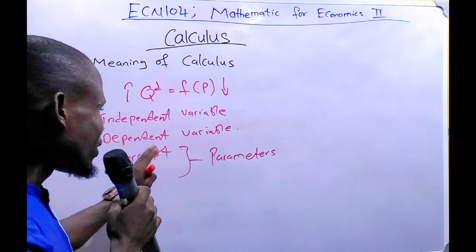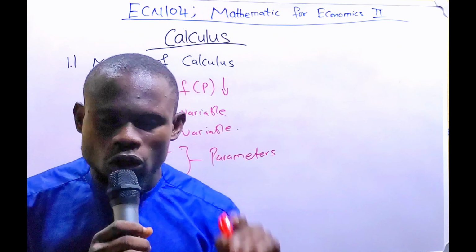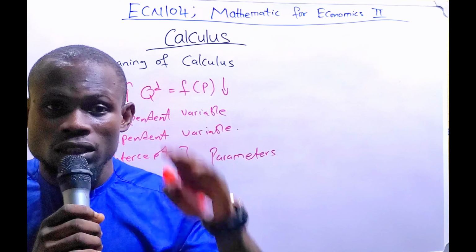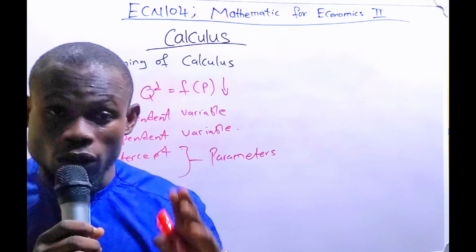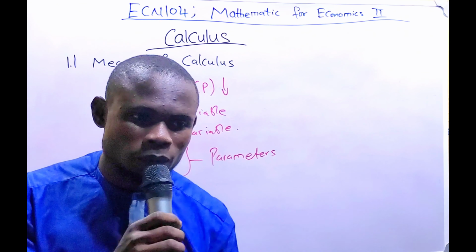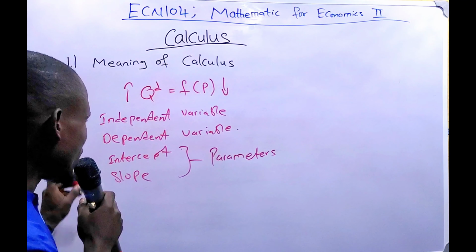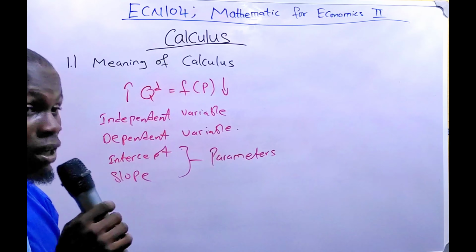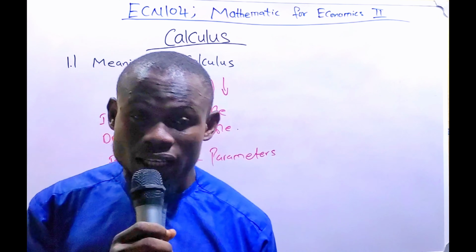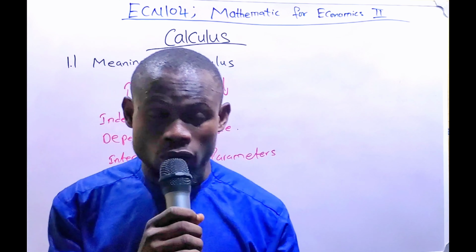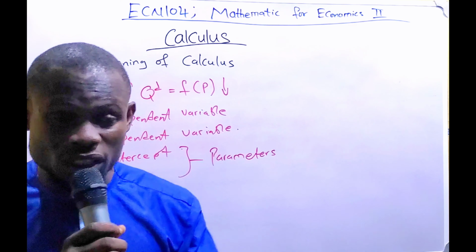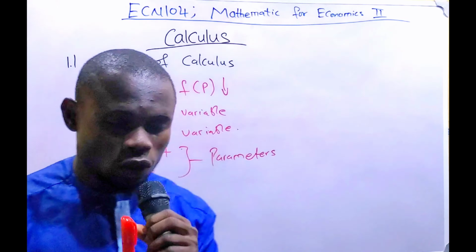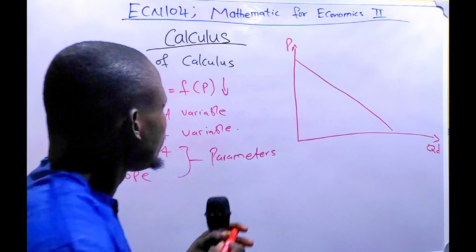Now, intercept and slope. If you recall your knowledge of basic Cartesian coordinates in your ECM 103, you are led to understand the intercept and slope when they teach you the equation of a line. The slope is the same thing as the gradient. Now, let me draw the graph of demand.